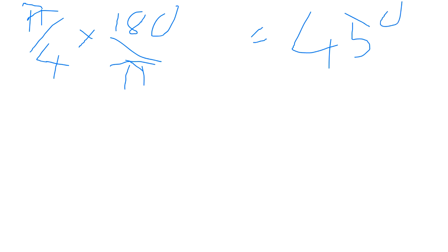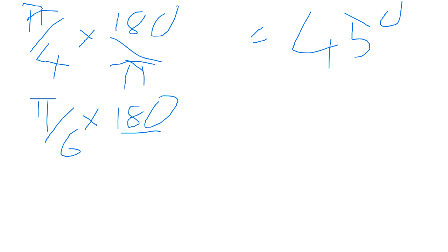Then, in the same way, if you have pi over 6 in radians, and you want to convert to degrees, it is simply times 180 over pi. Pi will cancel pi. Then 180 divided by 6, we are going to have 30 degrees.